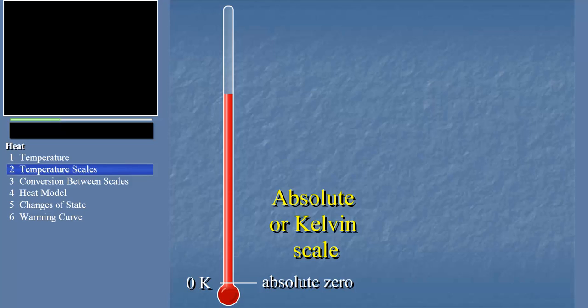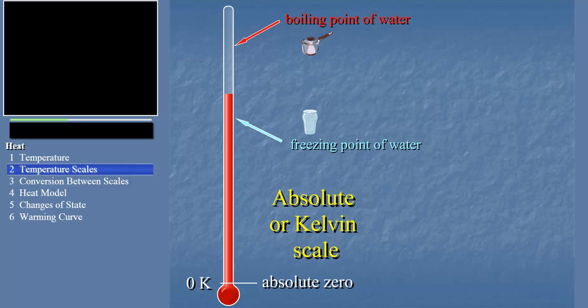Now, up from absolute zero, we build temperature intervals in the following way. We choose two easily defined temperature points, the freezing point of water and the boiling point of water at sea level. These are always easy experimental points to achieve, even in the cheapest of laboratories. And then we simply divide the difference between these 2 points into 100 equal divisions.